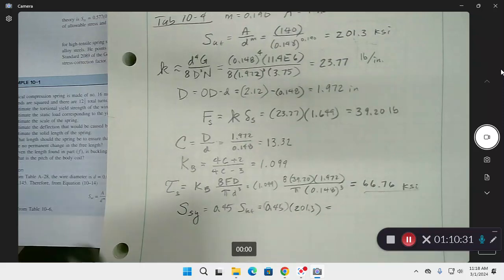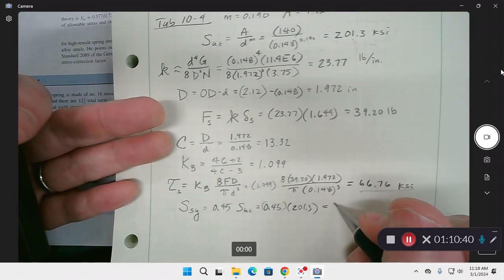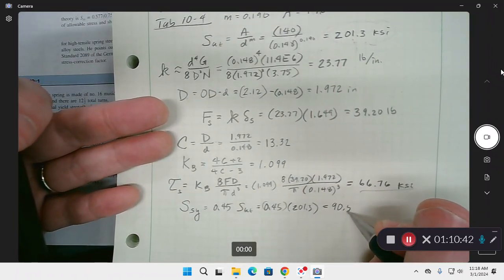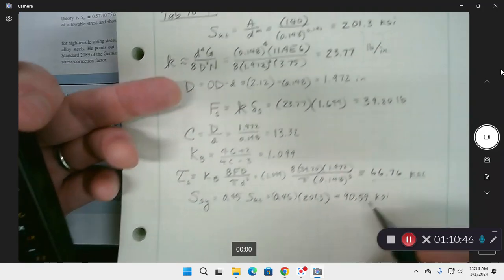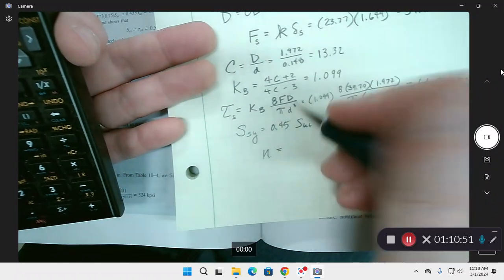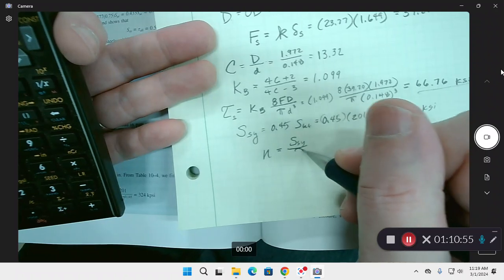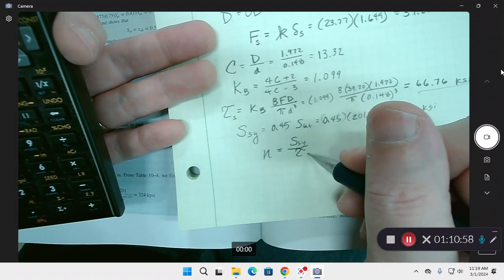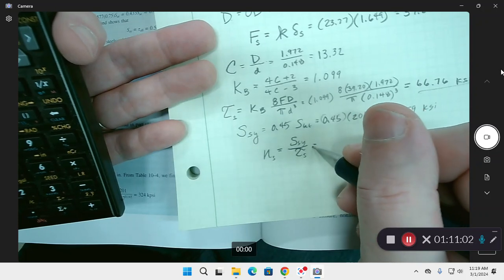And so 201.3 times 0.45, boom. We have 90.59 KSI. So as a safety factor against this, we'd have SSY and tau. The safety factor is about solid height.